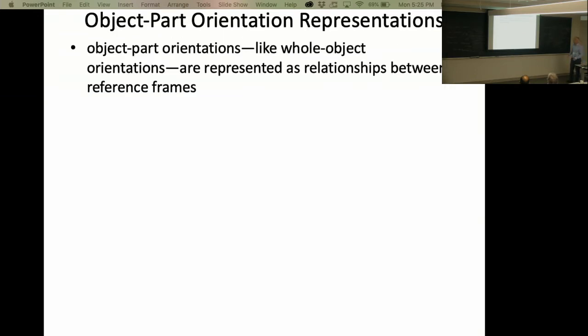And this, I think, has some interesting implications. I think object part orientations, like whole object orientations, are probably represented as relationships between reference frames. This is something a slightly different way Jacob was talking about, the need to do part analysis and relate the parts to each other.